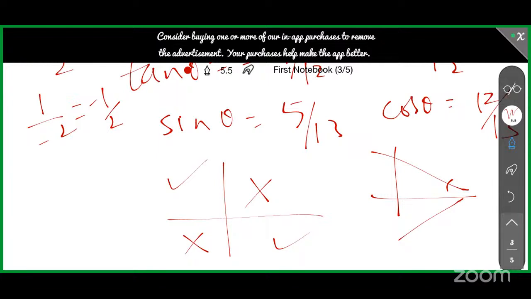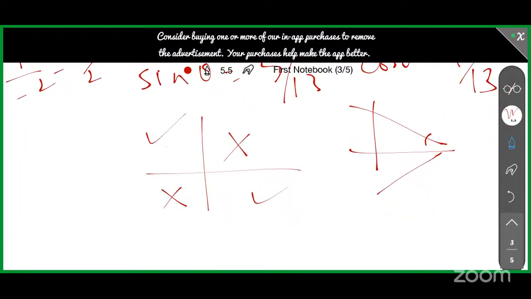If my angle is coming in the clockwise direction, yes or no? So in the clockwise direction, the angle is measured in which form? Basics of trigonometry: the angle is always measured in the anti-clockwise direction.